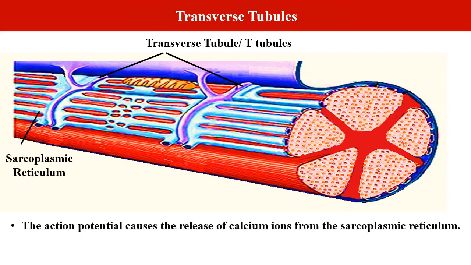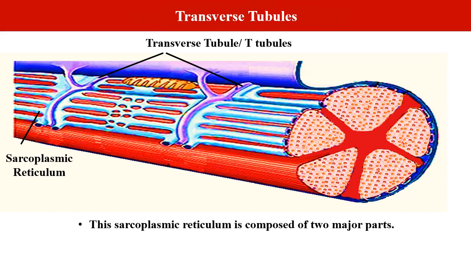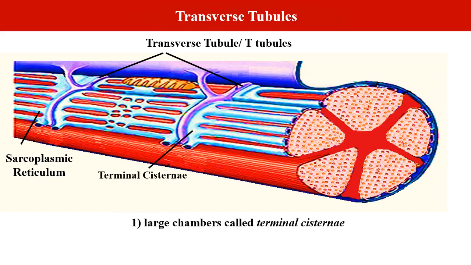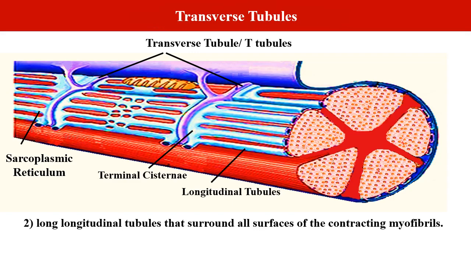The action potential causes the release of calcium ions from the sarcoplasmic reticulum. This sarcoplasmic reticulum is composed of two major parts: large chambers called terminal cisternae and long longitudinal tubules that surround all surfaces of the contractile myofibrils.